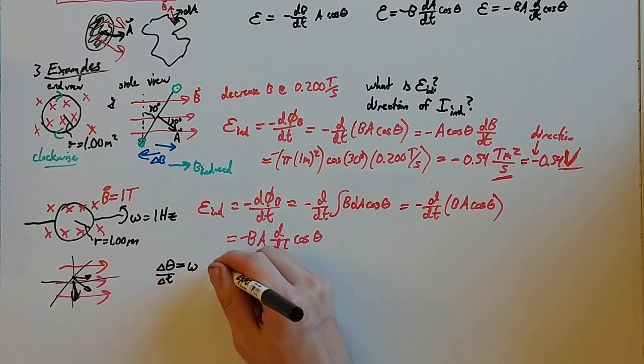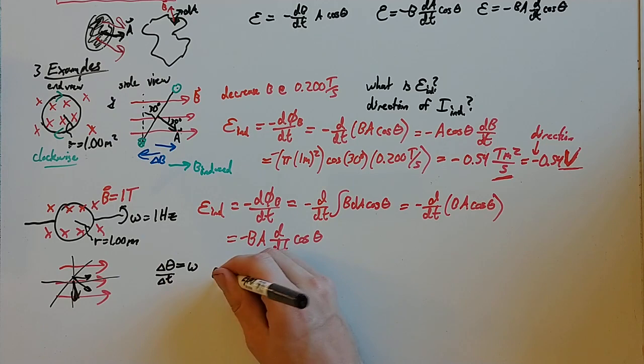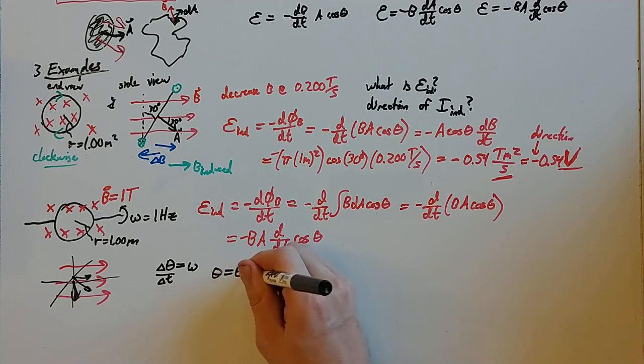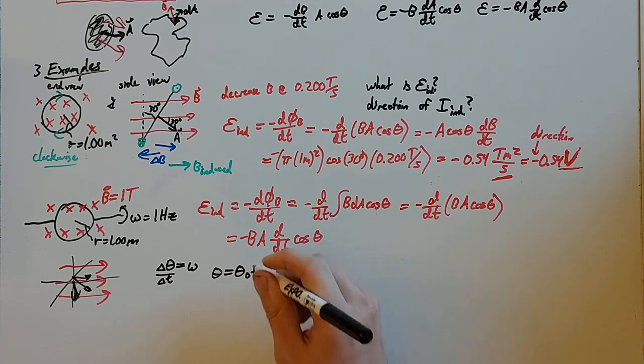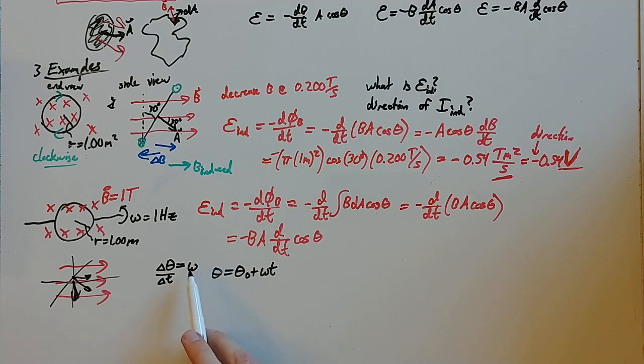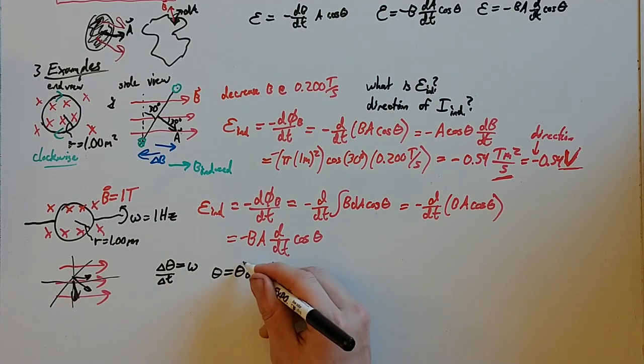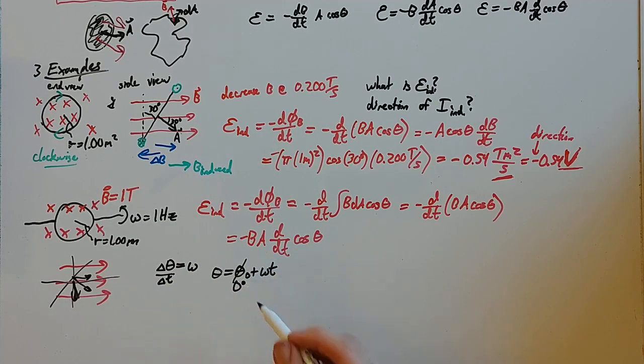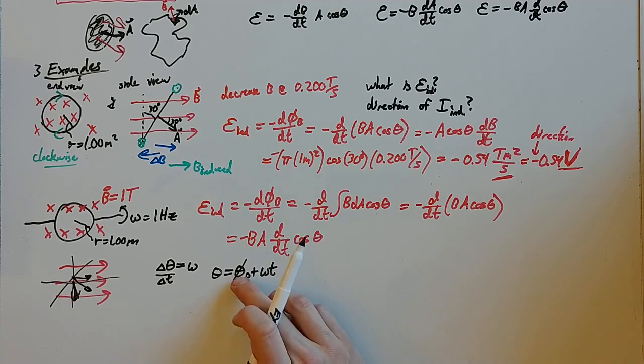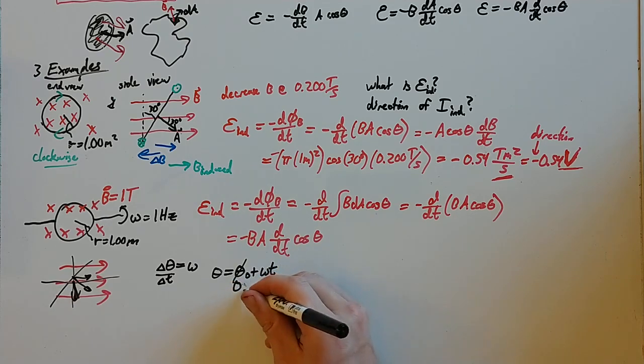Another way we could write that is theta is theta naught plus omega times t. Usually we just say we start at an angle of 0 degrees, or I should say 0 radians.